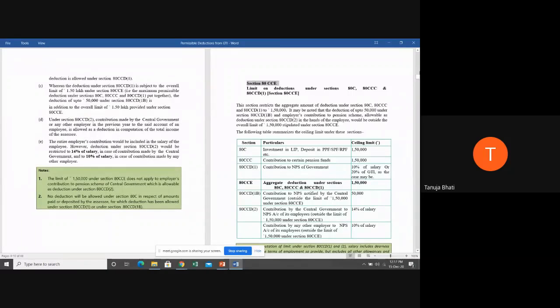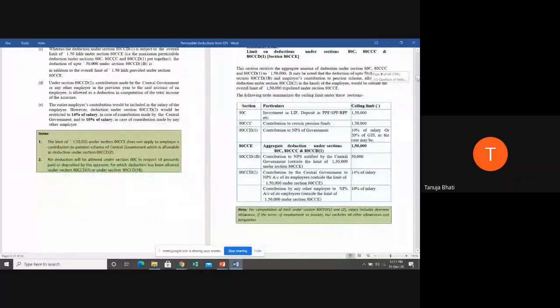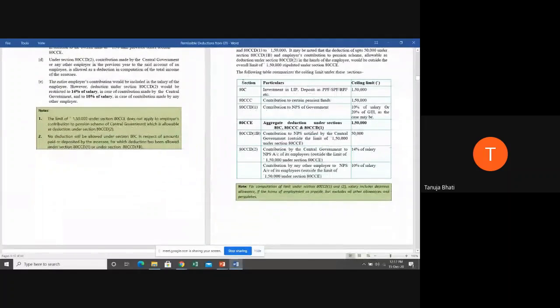So let's see this particular table in order to summarize whatever we have dealt with till now. Section 80C is available when you're making investments in different categories like life insurance premium, provident fund, and the 22 other kinds of investments we are seeing. The ceiling limit is 1,50,000. For 80CCC, whenever a contribution is made to certain pension funds, meaning LIC, the ceiling limit is 1,50,000 again.